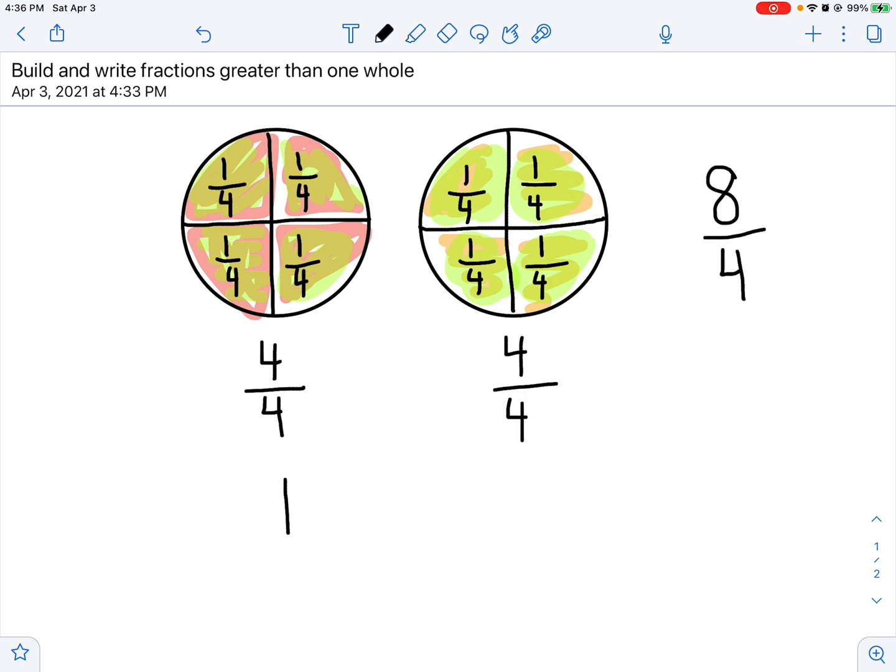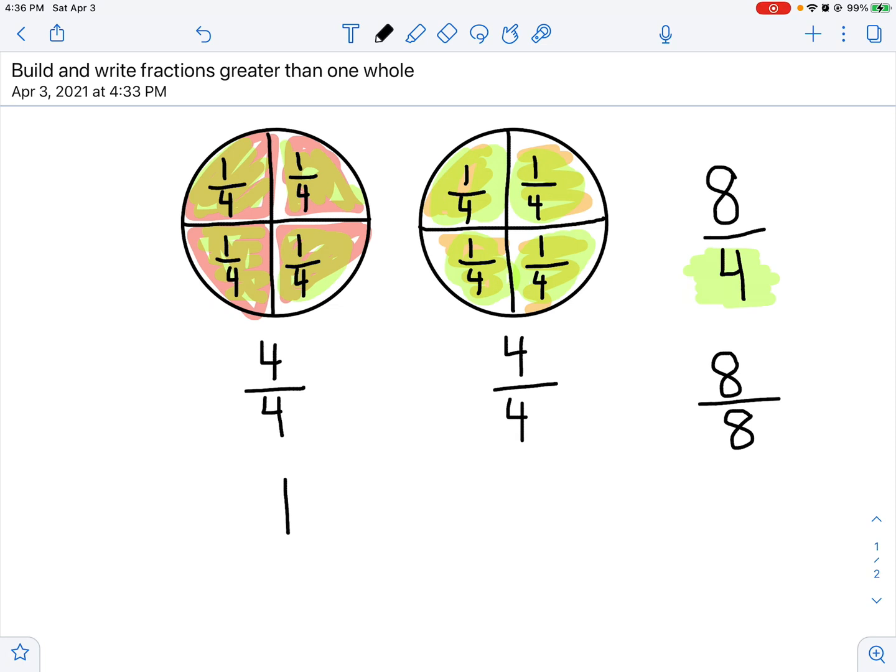Now the reason this is 8 fourths is because our unit is fourths, because each whole orange was split into 4 pieces. It's going to be very tempting to say that you have eighths and that you have 8 eighths because you have 8 pieces.